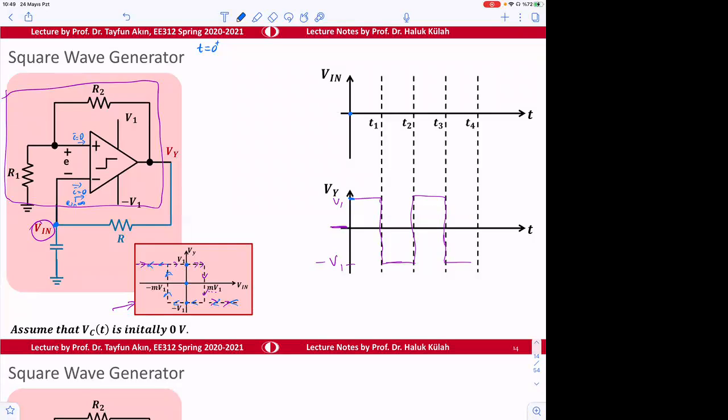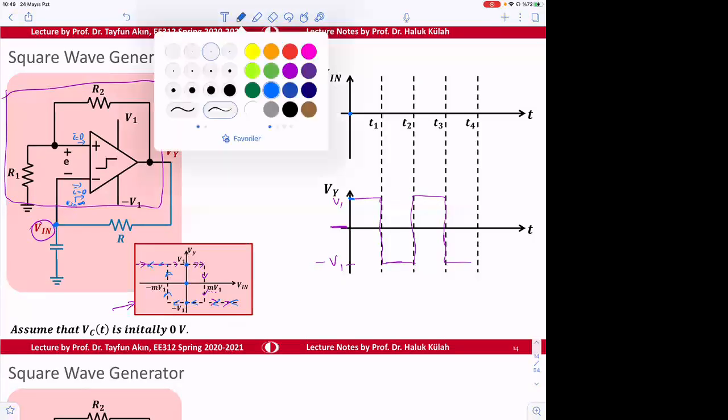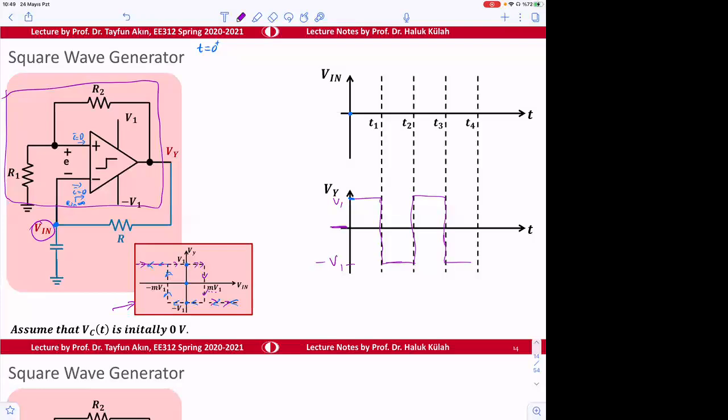So if the output voltage is V1, the capacitor is going to be charging in that cycle. So this is V1, and this is 0 volt initially. We see 0 plus is equal to 0 volt. So the current is going to be coming and charging this capacitor through that resistor.